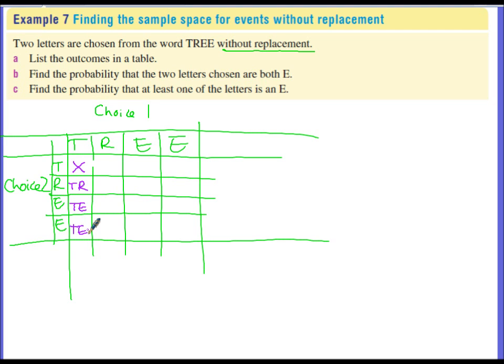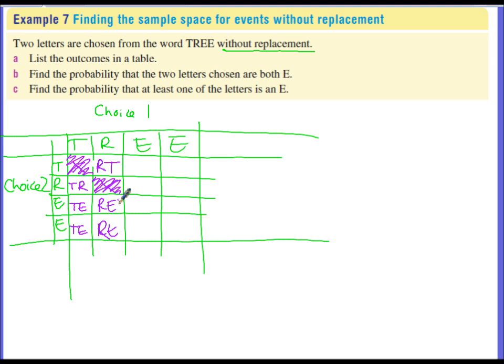Let's have a look at if I choose R the first time. Well, I can then choose T, but I cannot choose R. Actually, rub these out together. I cannot choose R because R is gone and I'm not replacing it. So I can choose E, RE, and RE.